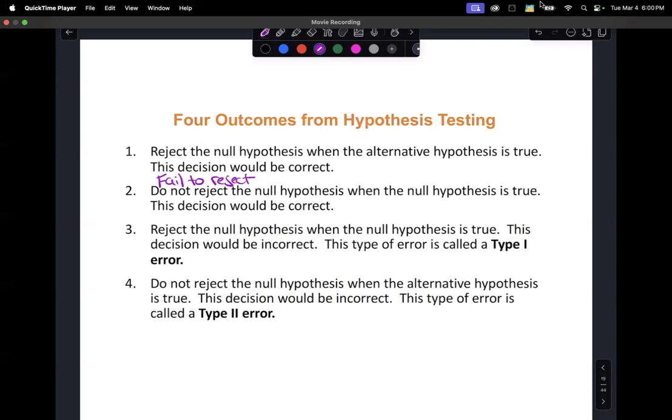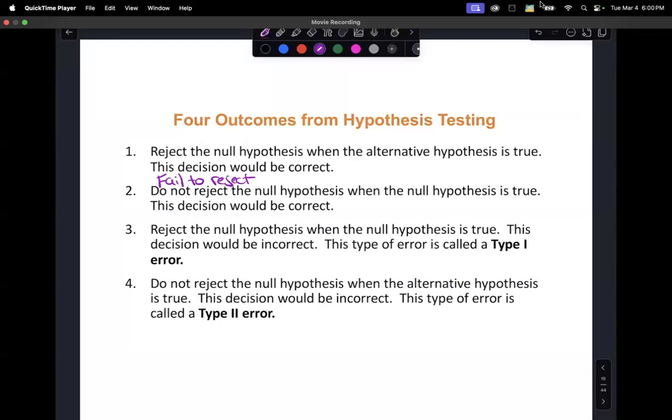The second good one is if we don't have evidence to show that the alternative hypothesis is true, then we will fail to reject the null hypothesis. So now we're going to have 3 and 4 are the wrong answers.